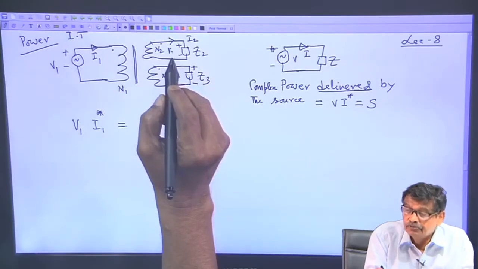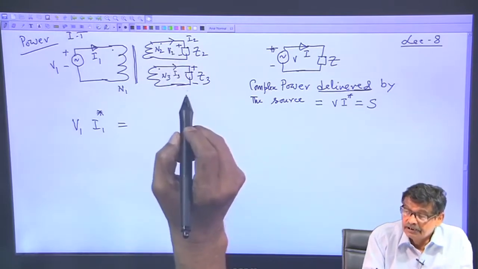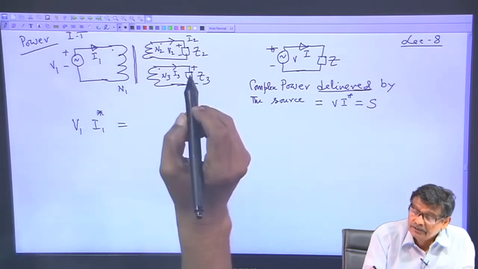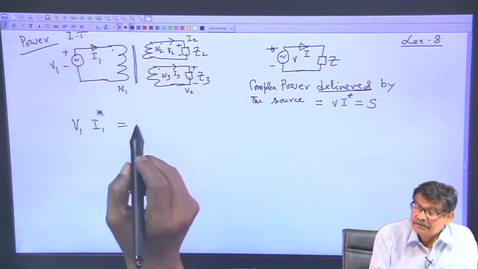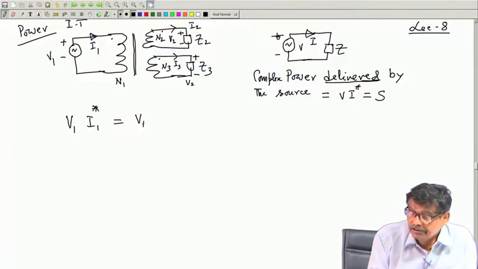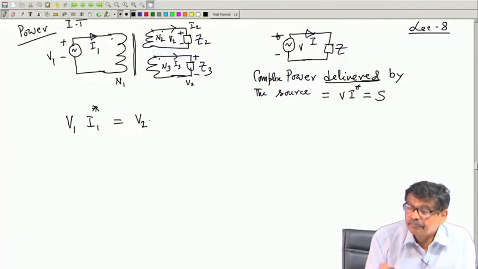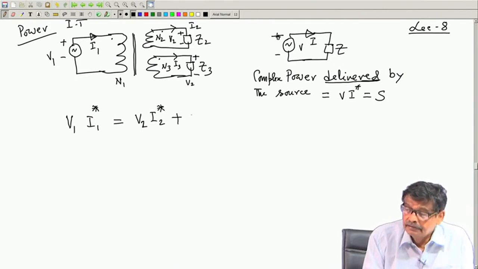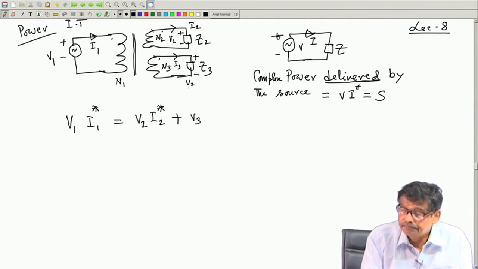This voltage is suppose V 2, this side, upper one plus, lower one minus. So, power absorbed by Z 2 is V 2 I 2 star, plus V 3, this is V 3, plus minus V 3 and I 3 star, very simple.